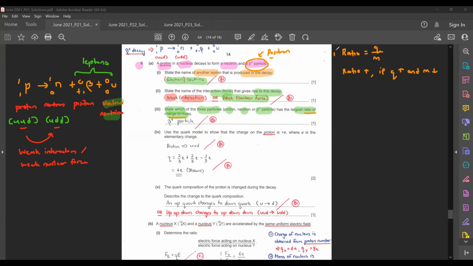This is number 1. So what do we know about proton and neutron in the first place? If you talk about proton, neutron, and beta plus particle, looking at their masses alone, proton will be about 1 u, neutron also 1 u, but a beta plus particle, being an anti-electron, will be 1 over 2000 u.